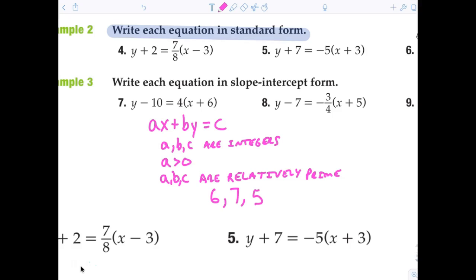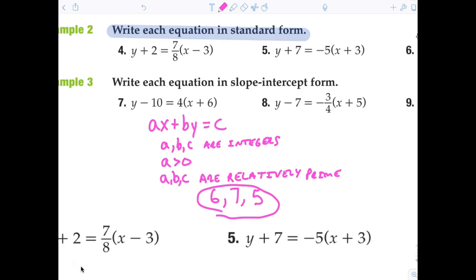Let's make it easy. Are all those numbers prime numbers? No, 6 is not prime, but they're relatively prime because they don't share any common factors.